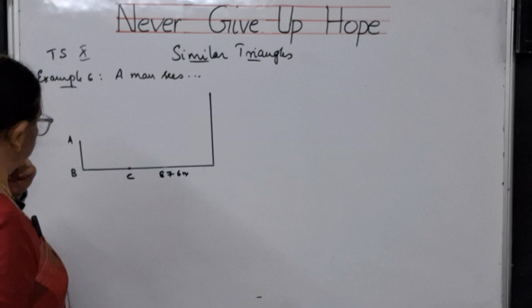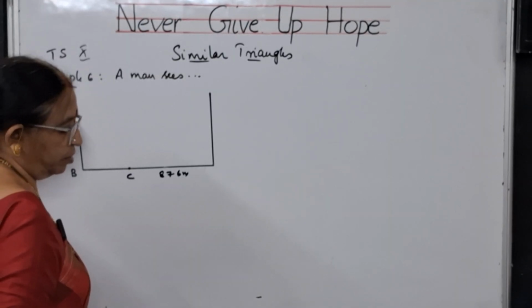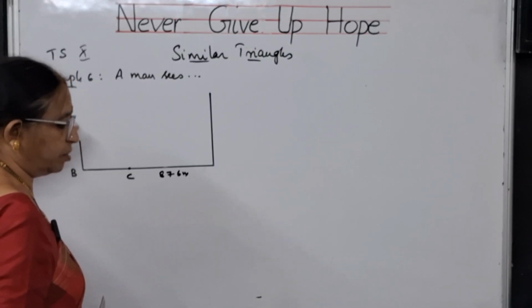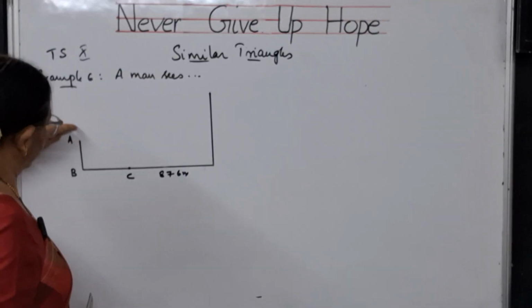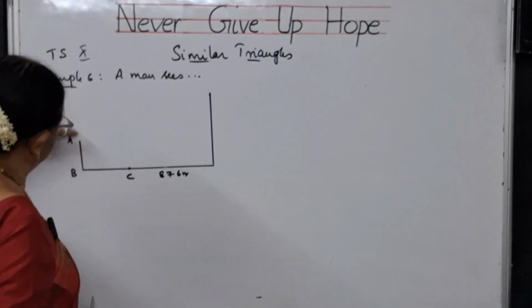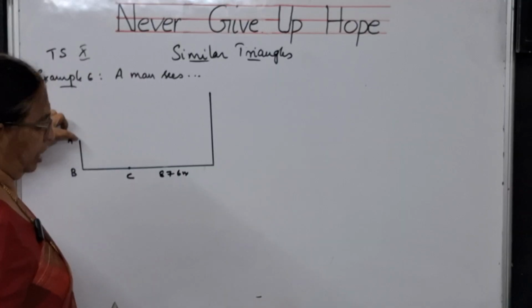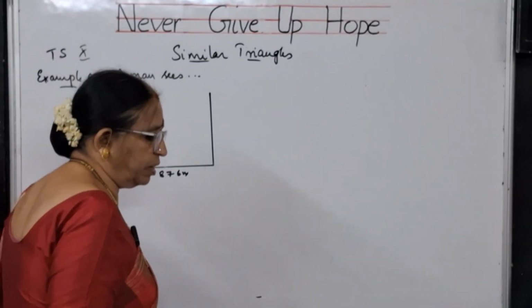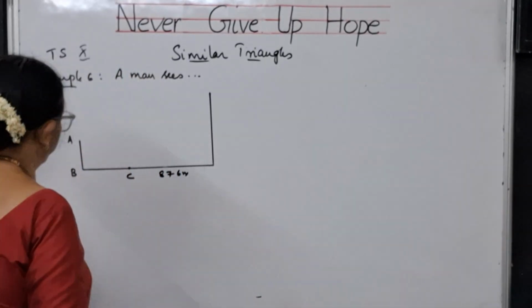So the man is looking at the top of the tower. A man sees the top of the tower in the mirror on the ground facing upwards. This is the tower. The man is seeing from this position here. This is the height of the man, so naturally the eyes are up. The height is 1.5 meters.